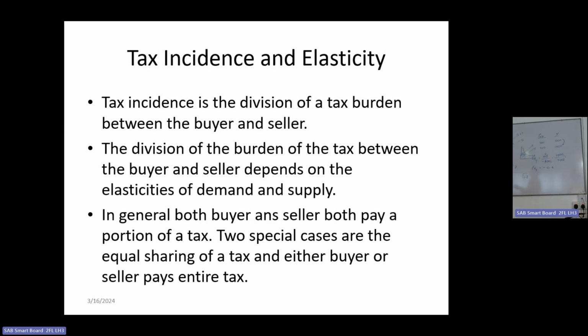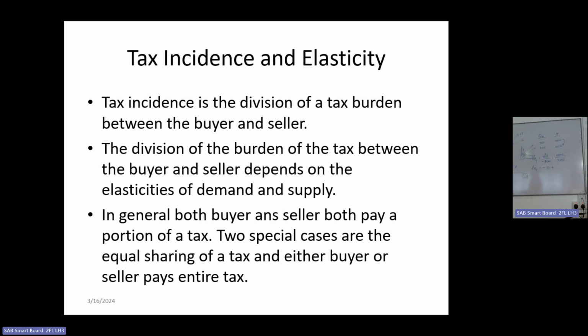Generally, both buyers and sellers pay the tax. Sometimes it's equal sharing, right? Sometimes the entire tax is paid by the producer or the supplier, and sometimes by the consumer also.